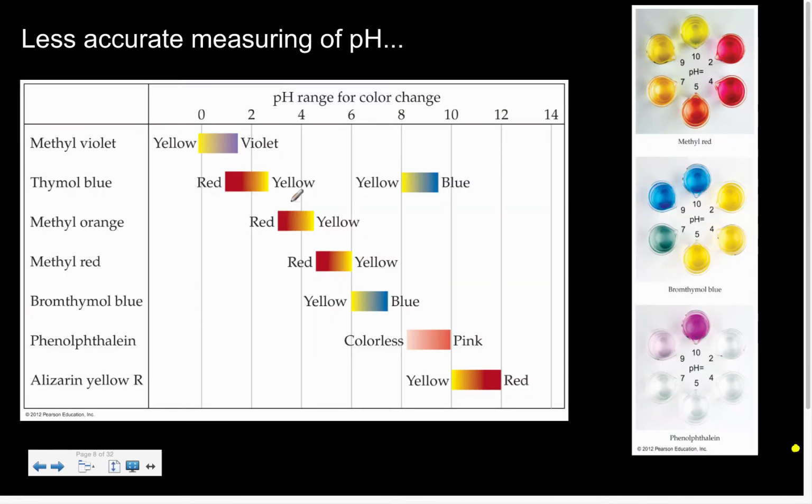Now, the quick and simple, though less accurate way of measuring pH would be to use an indicator, where indicators have different colors at different pHs. The reason that these have different colors at different pHs is because they themselves are weak acids or weak bases.